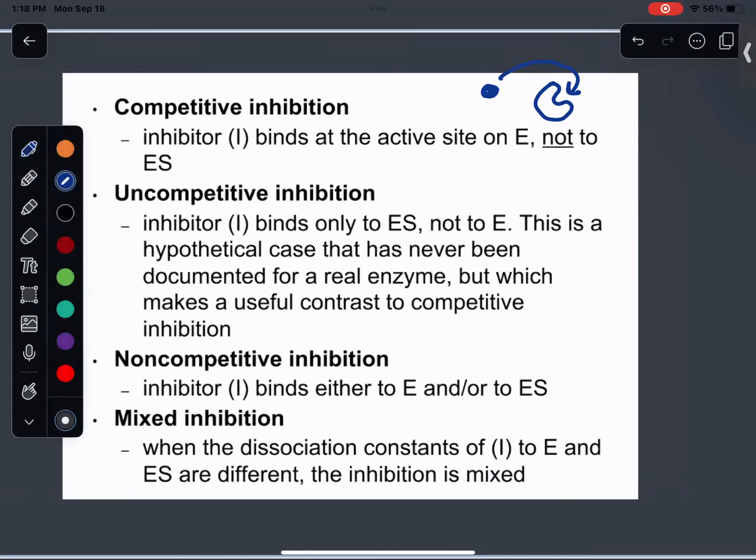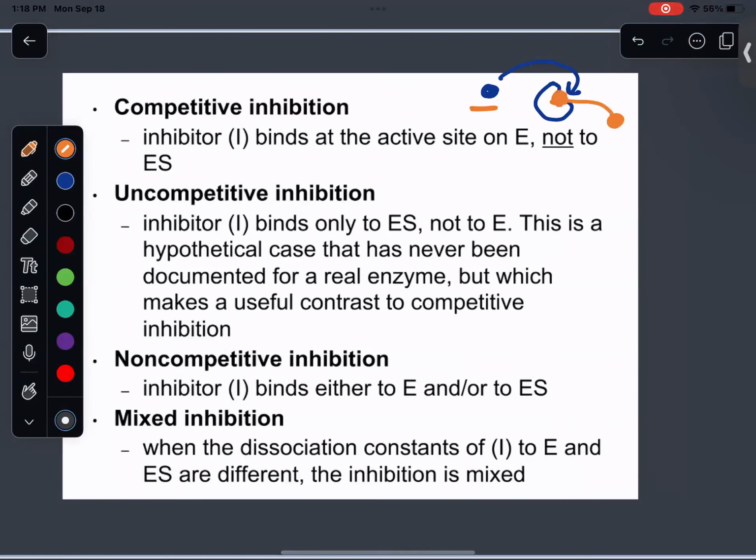But in the case of an inhibitor, here is the big bad inhibitor. It has the same shape. It disguises itself to look like the original substrate, but the inhibitor will usually have a higher affinity, a lower Km, for this enzyme, and therefore it's going to swoop in and occupy this active site.